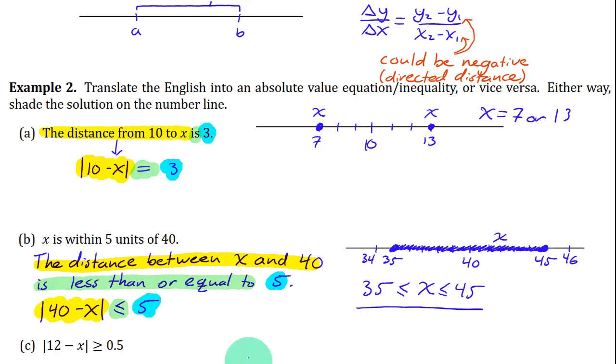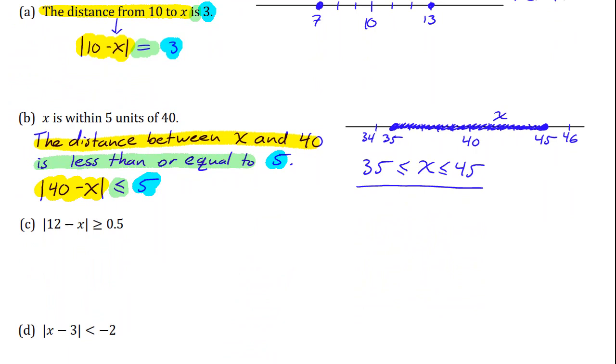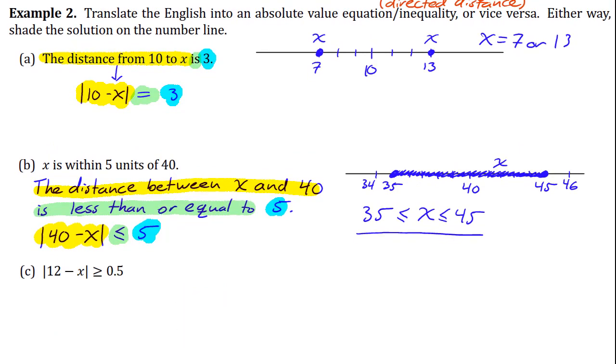Okay, so let's look at a couple more. Let's see, the absolute value of 12 minus x is greater than or equal to 5. All right, so this time we're given the algebra notation, and you want to write that as a sentence in English. So what does that look like?